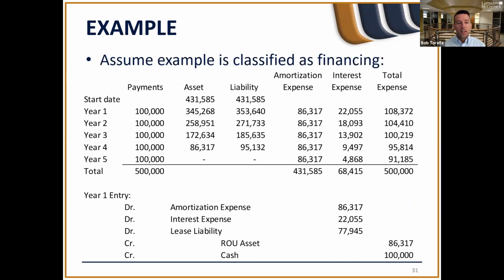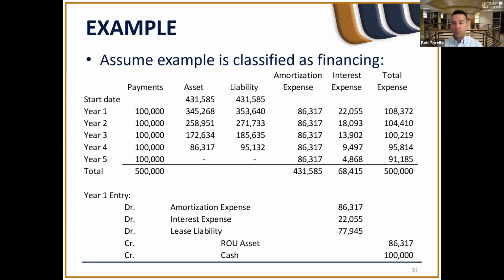Okay, so now you have your asset and liability recorded. Let's take a look at how it's actually going to be recognized on an annual basis. Assuming our example is a financing lease right now, you make your $100,000 annual payments on your lease, total $500,000. You have your right of use asset at $431,000, amortized on a straight line basis over the 5 years at $86,000 a year.